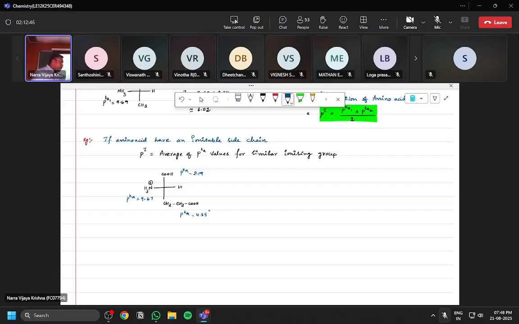These two are closer values, correct? So Pi is equal to 2.19 plus 4.25 upon 2, so it is 3.22.